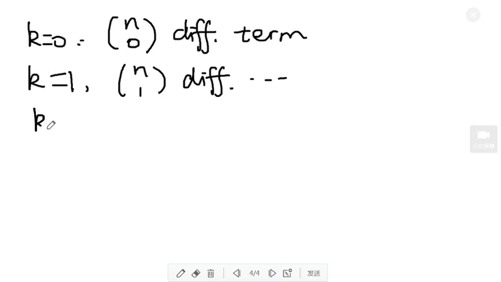And when k equals 2, how many different terms can we form? And by the way, when you choose k of the xi, then the other n minus k should be y, right? Here in this term there should be n y's. Here there should be n minus 1 y's. Here there should be n minus 2 y's.